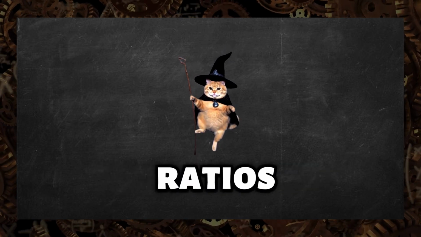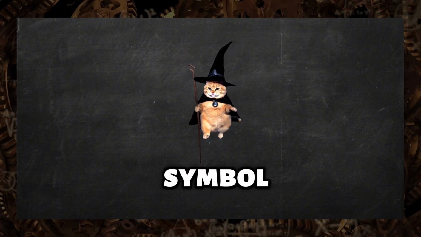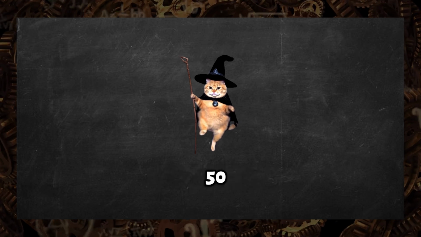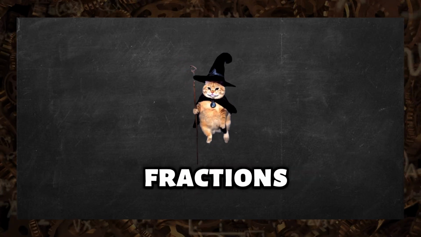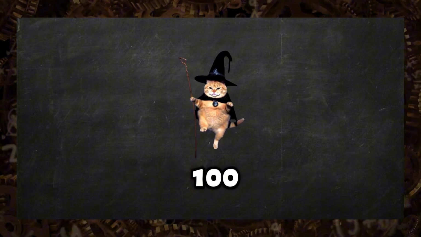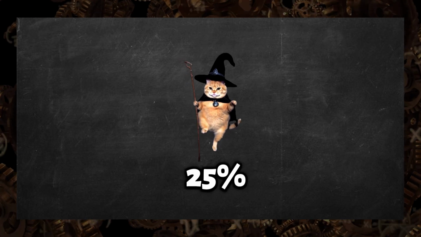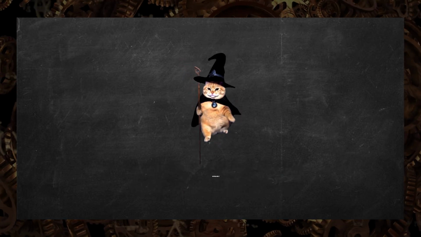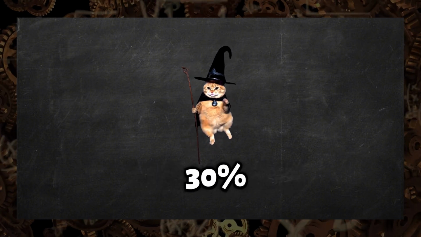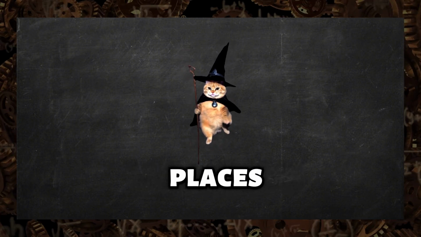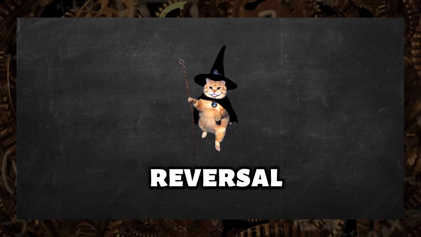Percentages transform ratios into parts per hundred, denoted by the percent symbol, where 50% signifies 50 out of 100 or 1/2, converted from fractions by multiplying by 100, such as 1/4 times 100 equals 25%. Decimals convert similarly, with 0.3 equaling 30% by moving the decimal 2 places right and adding the symbol, or vice versa for reversal.